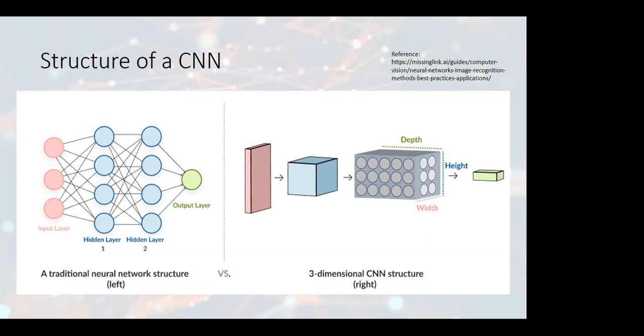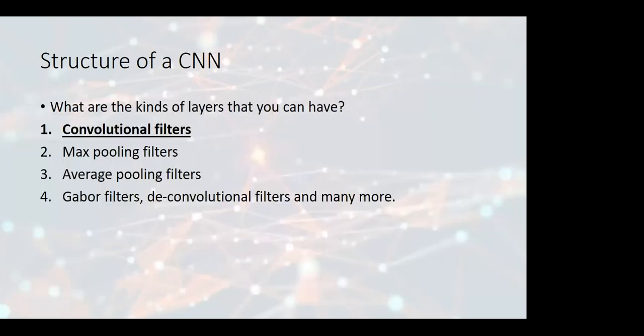Let's see the kinds of alternatives which we have. Primarily we have three different types of alternatives to the fully connected layers. The first and the most significant one is the convolutional filter, which is the signature of CNNs, and this is also where the name of CNNs comes from. Next, we'll also be looking into a bunch of pooling layers like the max pooling and the average pooling filters.